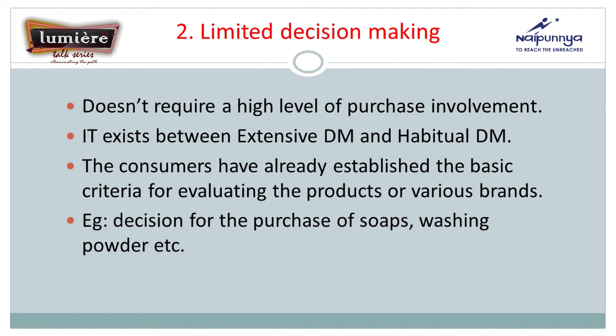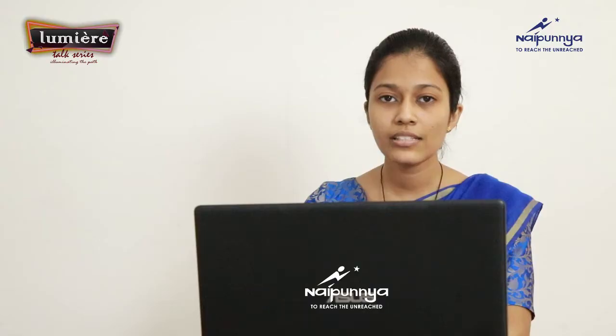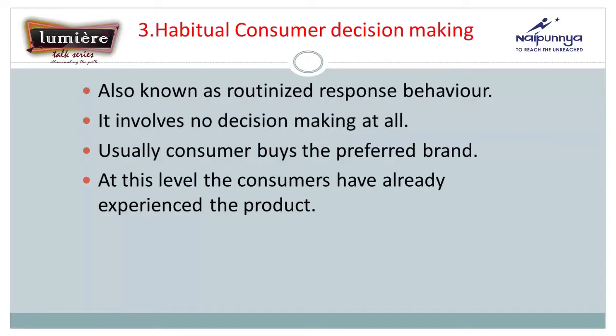Example, decision regarding the purchase of soaps, washing powder, etc. And the last level of decision making is habitual consumer decision making. Habitual consumer decision making is also known as routinized response behavior, and it involves no decision making at all. Usually, consumer buys the preferred brand. At this level, the consumers have already experienced the product.